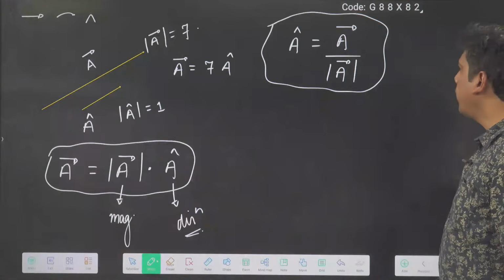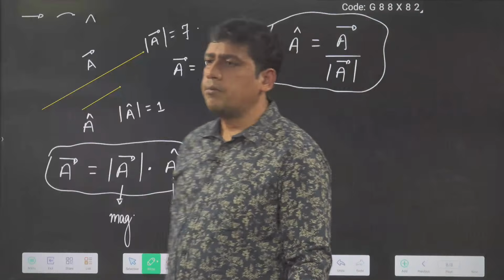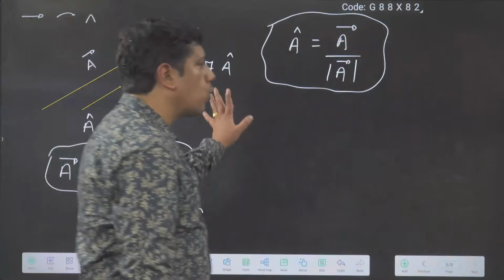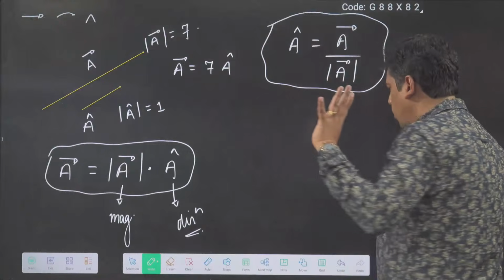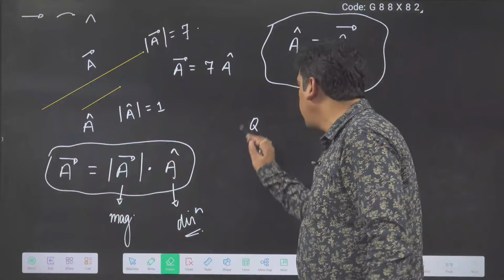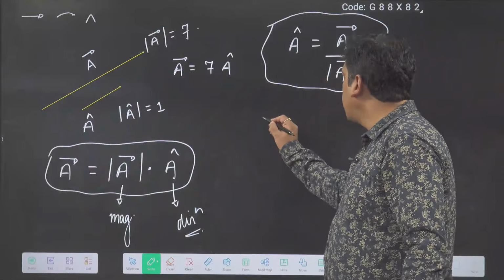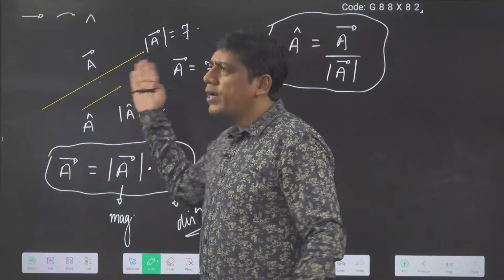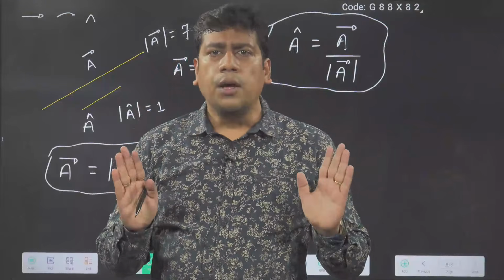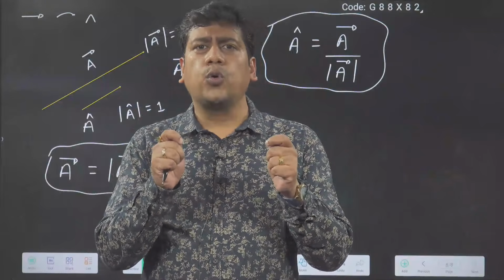So the unit vector we can define as the complete vector divided by its magnitude. We can define a unit vector along any vector, because they are generally used to represent direction.